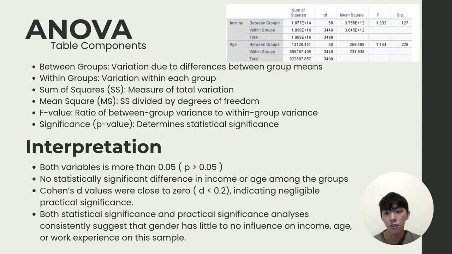Furthermore, the effect size analysis shows that all the Cohen's d values were close to zero, which means d is smaller than 0.2, indicating negligible practical significance.